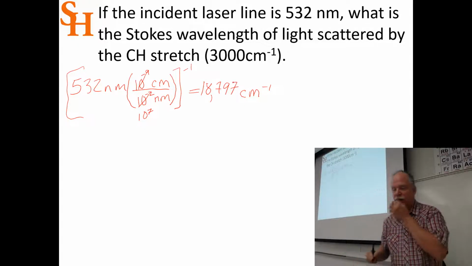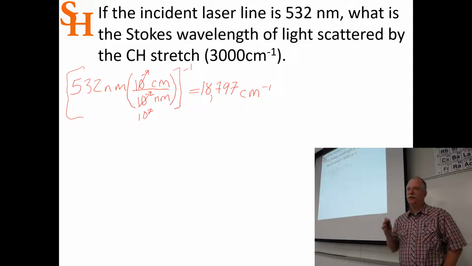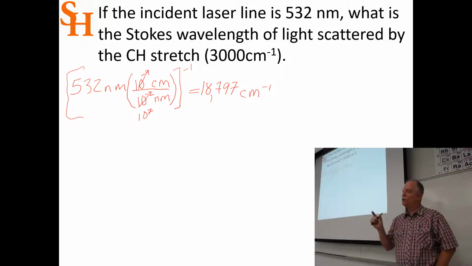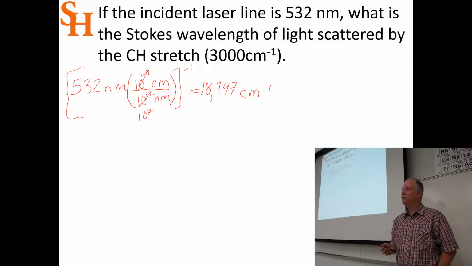Let's think about that. The infrared region was 400 to 4,000 wave numbers, and this is in the visible. So that makes sense. It should be a lot higher. Okay. So we're in the 18,000 wave number range for a visible photon.